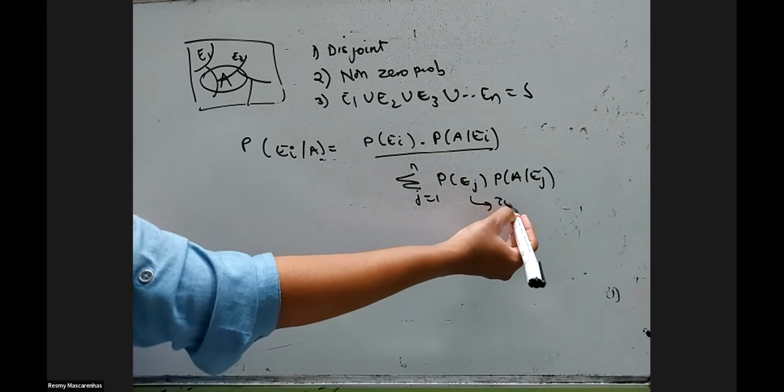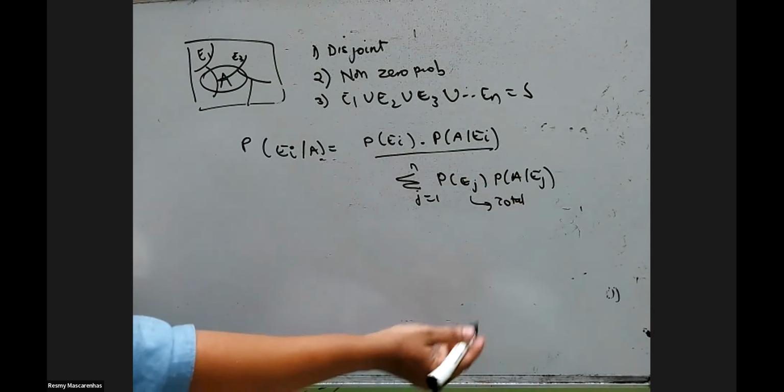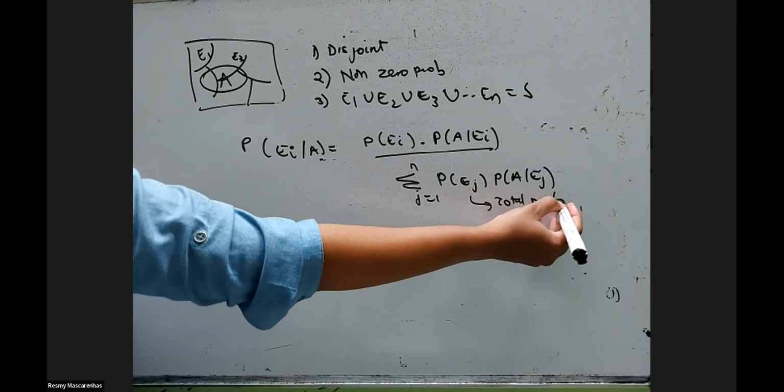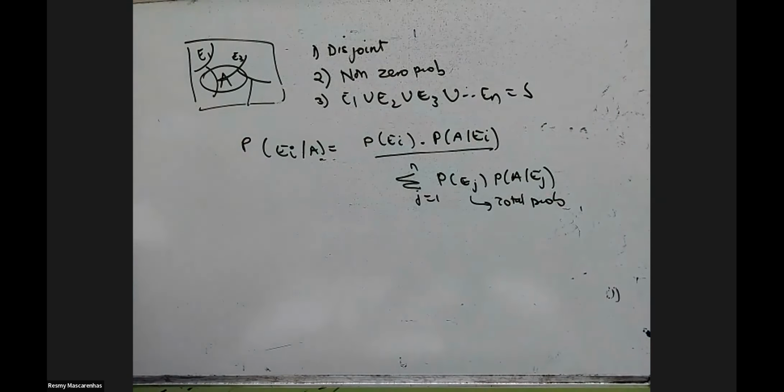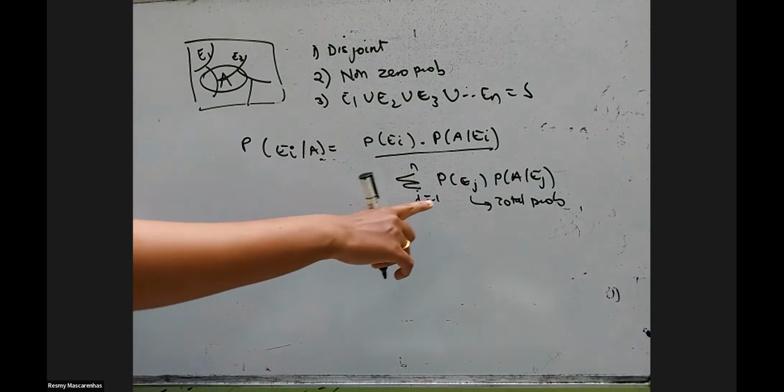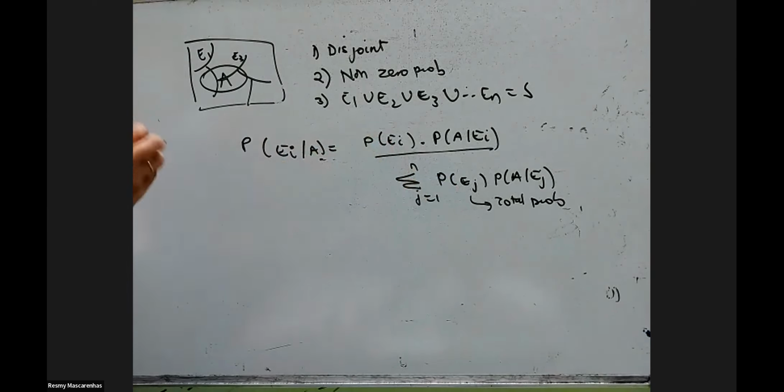This is the total probability theorem. Instead of i, I have just used the letter j because I have already used i for this. So we'll prove this.